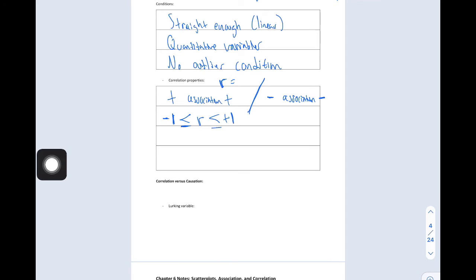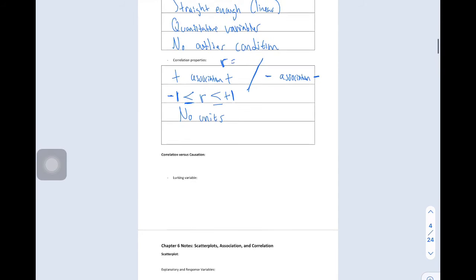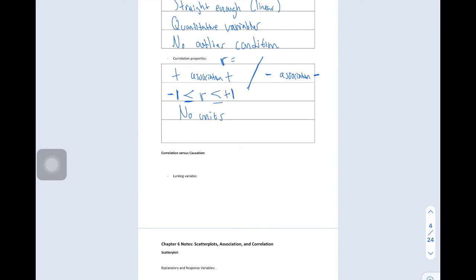Something to mention with this correlation coefficient is that there's no units for this. It's just R equals whatever. And something interesting about R is that it actually stays the same if we switch our X and Y variable.